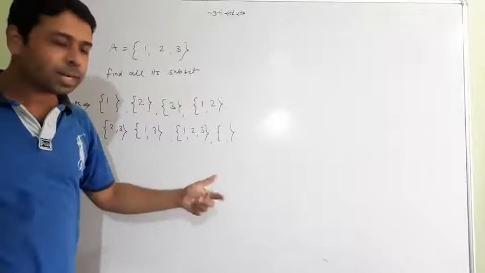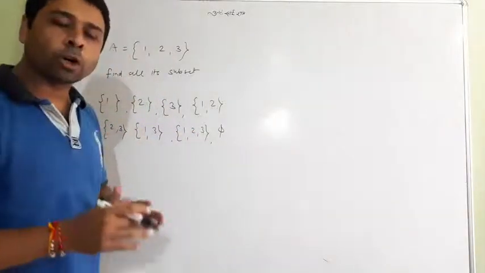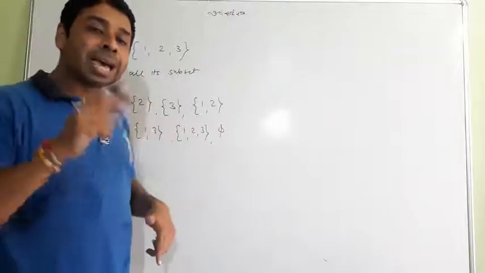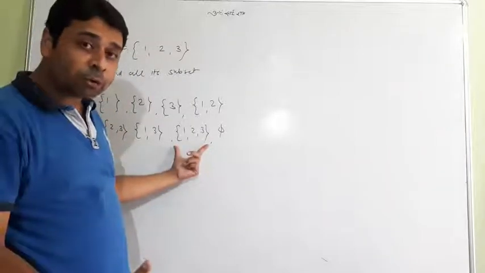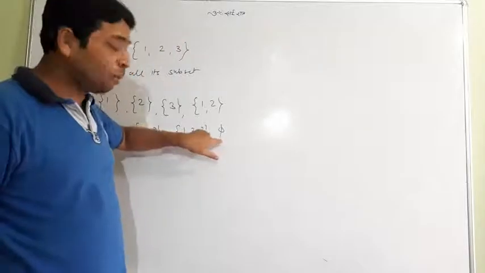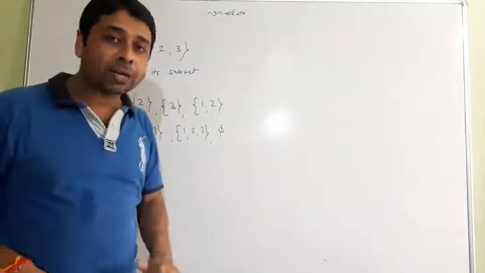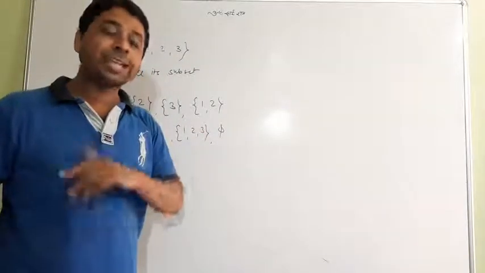You can say that phi is always a subset of any set. Just as the whole set {1, 2, 3} is a subset of the {1, 2, 3} set, similarly phi is a subset of any set. Keep in mind that phi is a subset of all sets.